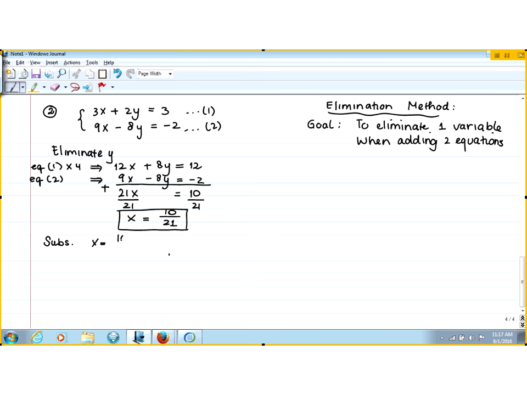Yes, substitute x equals 10 over 21 into equation 1. We don't have equation 3, do we? All right. So what do we have when we substitute? 3 times 10 over 21, so your x is 10 over 21, plus 2y is equal to 3.